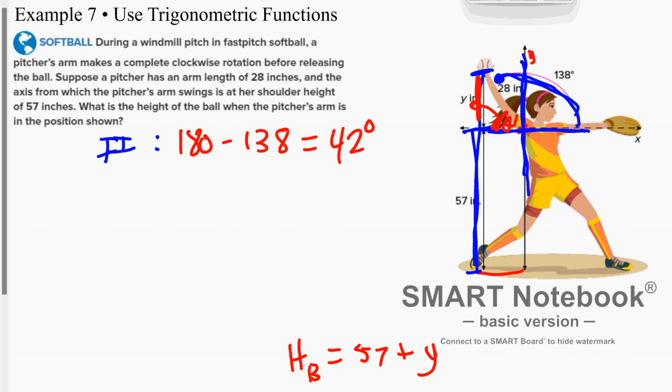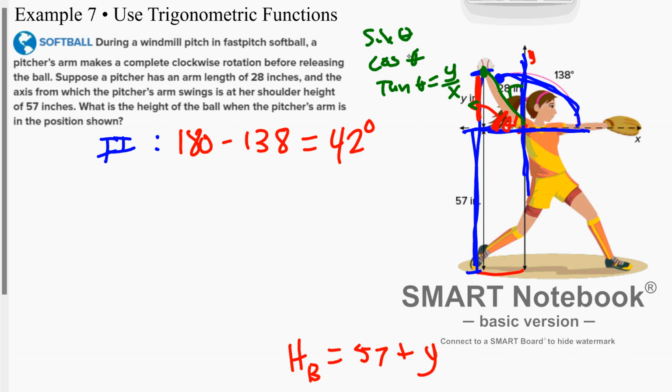I want to find this opposite side, and what is the distance given from here to here? Her arm length, 28 inches. So we're given this radius of 28, and we're trying to find this y value. Which trig function, sine, cosine, or tangent of an angle, gives us y over r?